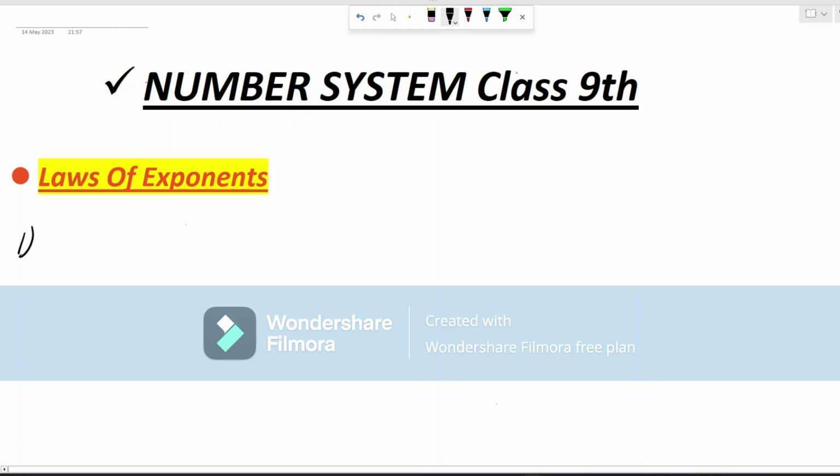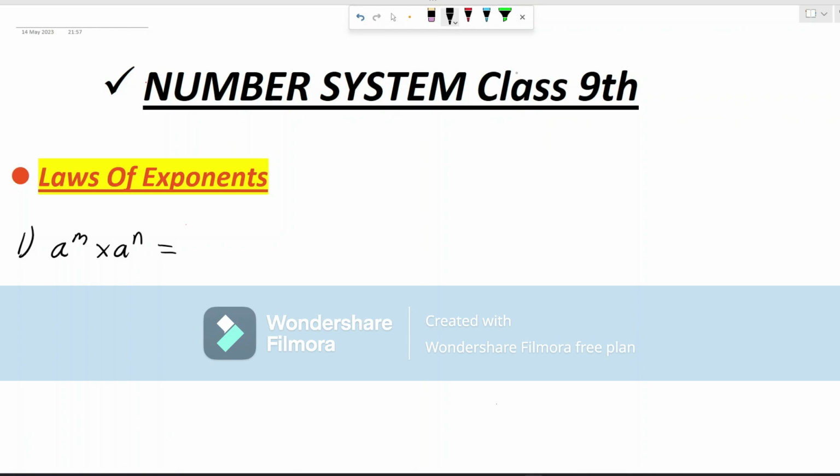Now the first law is if you have a to the power m into a to the power n.